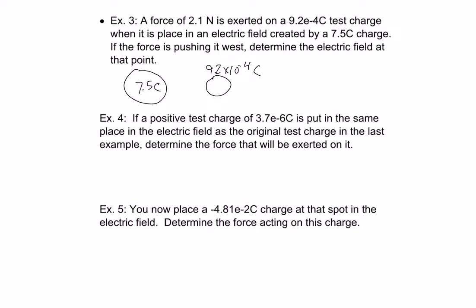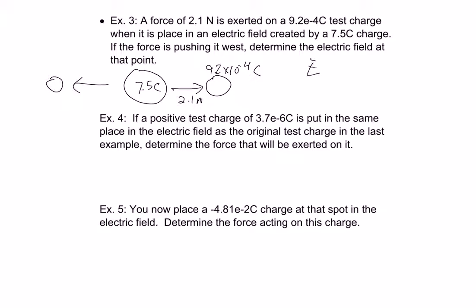They're both positive, and it says we have a force of 2.1. So we know the electric field is pushing it outwards to the west. Oh, I got my diagram backwards, but that's okay. So it's pushing it to the west, so our charge was actually over here going to the west. And it's asking what is the electric field.